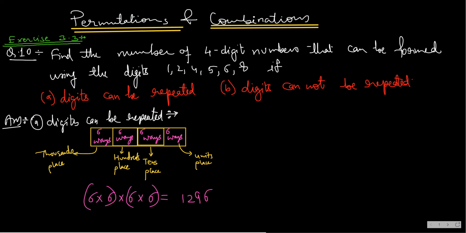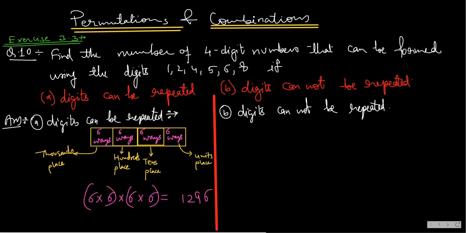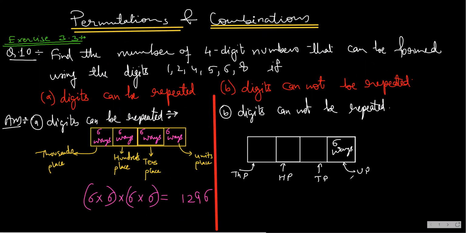Now I go for the second one, when the digits cannot be repeated. So I can fill the units place in 6 ways.